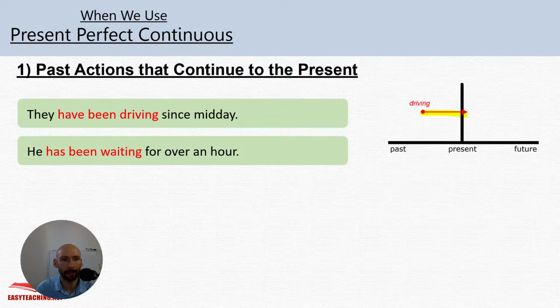Our second sentence, he has been waiting for over an hour. Okay. He started waiting in the past, and he is still waiting in the present. These are past actions that continue to the present. Okay, so we can see from the picture here that he is still waiting. He has been waiting for over an hour.